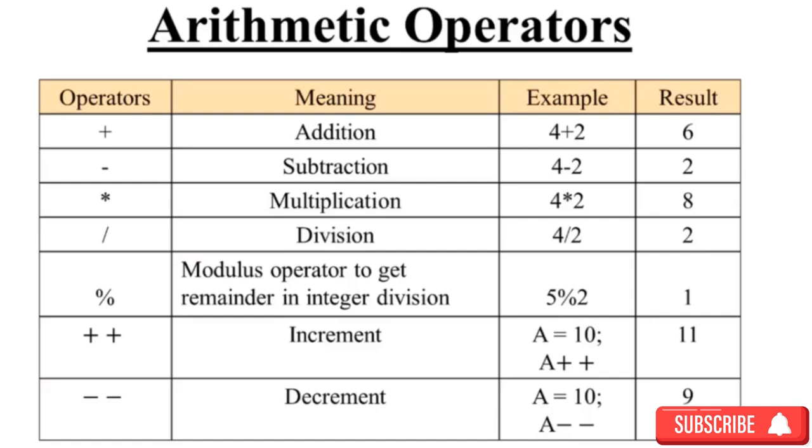In arithmetic operators, you can see plus, minus, multiplication, that is the asterisk, the forward slash for division, and the percentage symbol for the modulus. That means you can add two numbers, subtract, multiply, or divide two numbers. For example, say 5 divided by 2. In the quotient it will be 2, and in the remainder it will be 1.